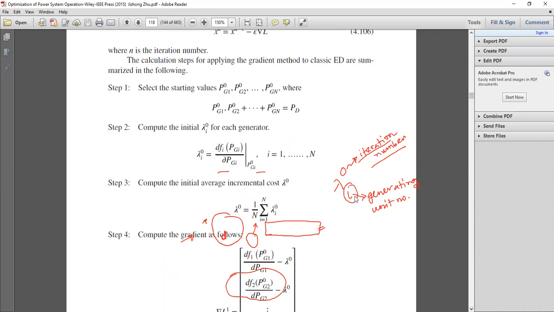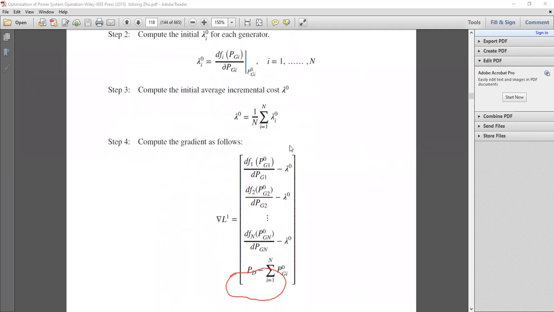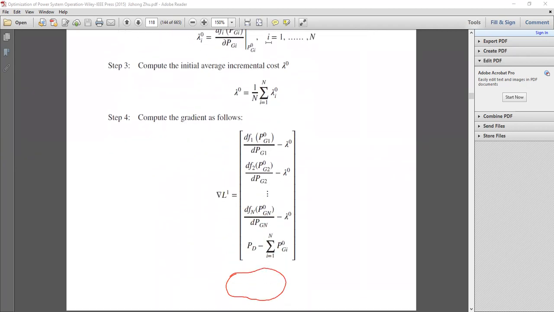Once you know these n number of PGs as well as the lambda 0, then we are in a position to calculate our gradient del L. So this gradient would be used for updating in the next iteration. So we call it del L1.